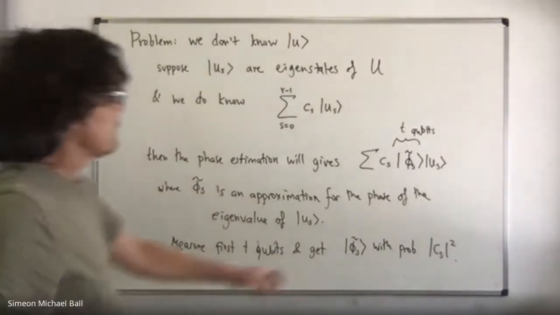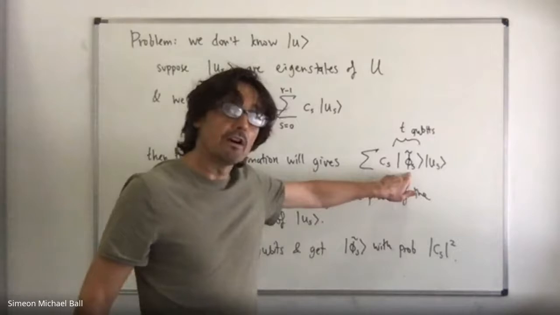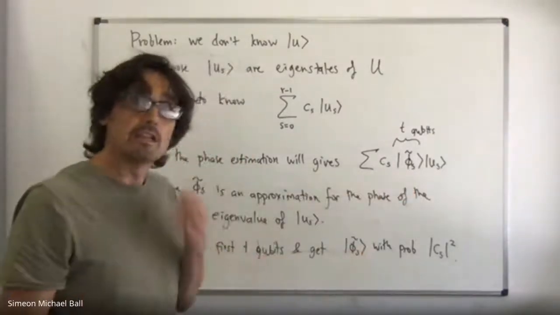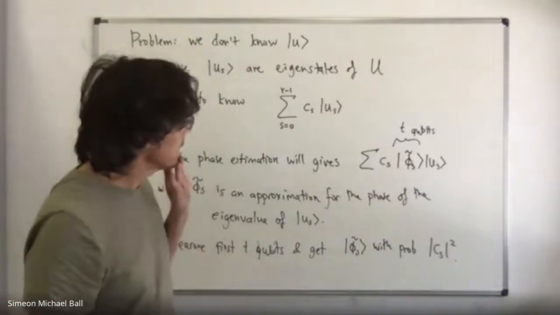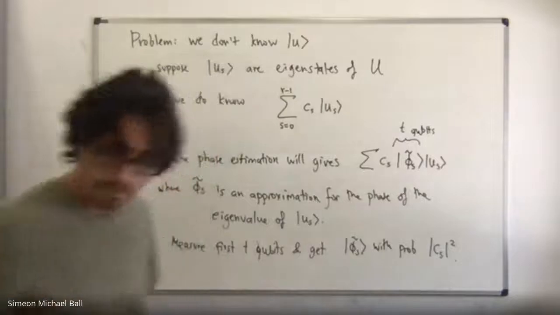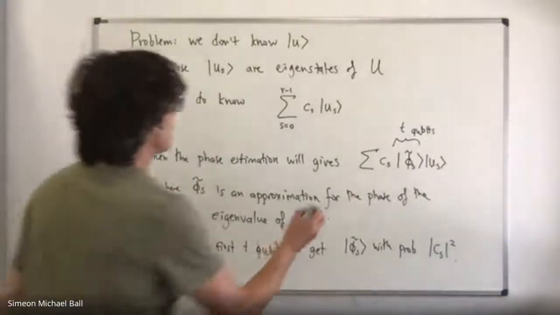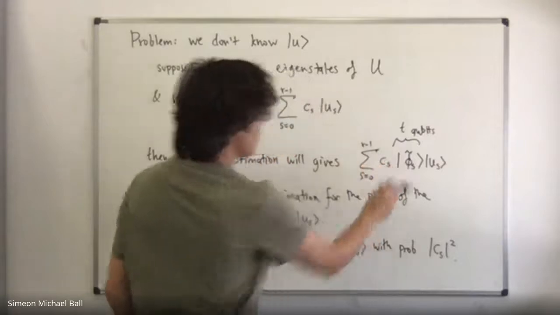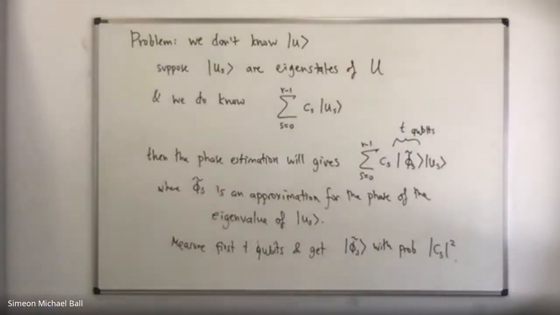If you think about what these are, these are just strings of zeros and ones. So if we measure in the computational basis, we get this particular string, this s. So this is still summing over s, with a probability depending on this coefficient.